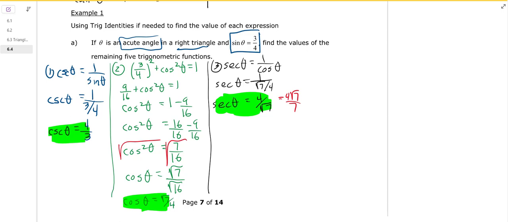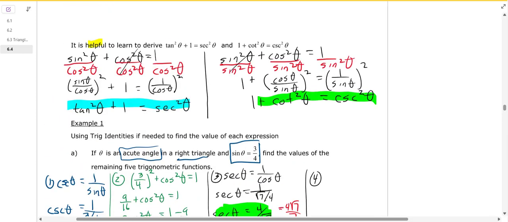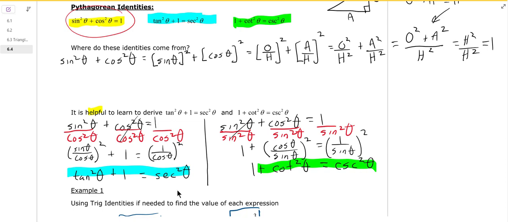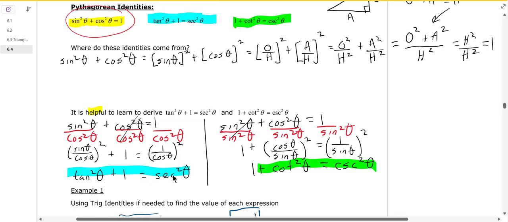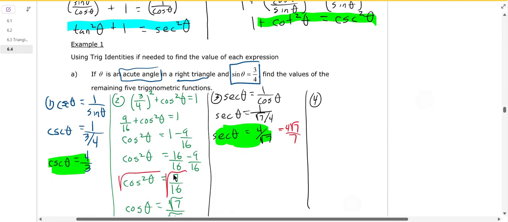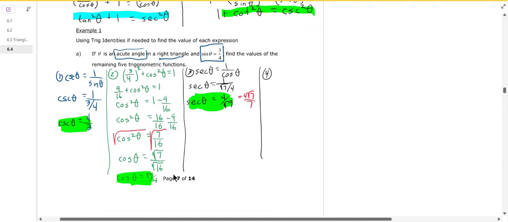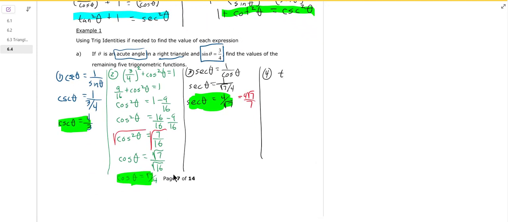So what I'm going to do now in this fourth step is use this identity. I'll go back to the previous page we were working on. We had tangent squared theta plus 1 equals secant squared theta. So I'm going to apply that. I have tangent squared theta plus 1 equals secant squared theta.